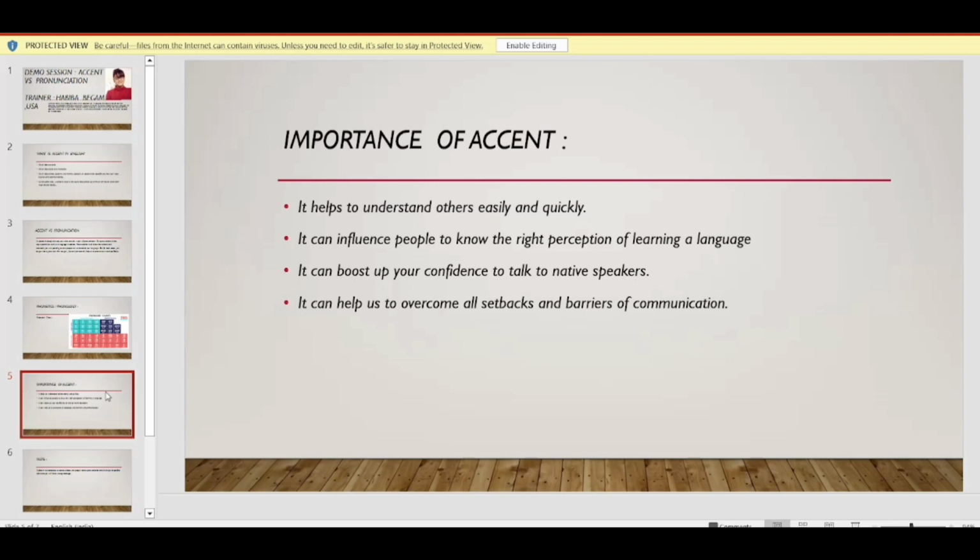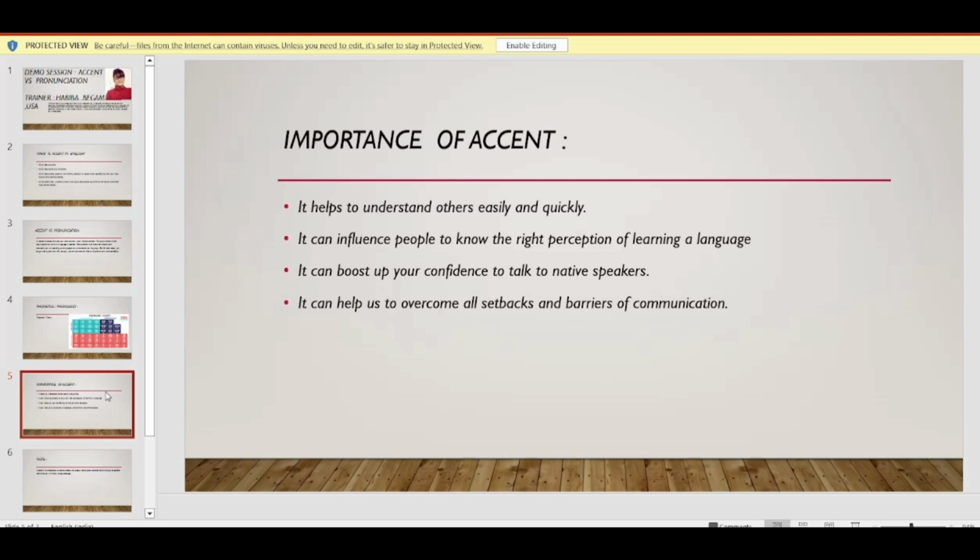Number one, it helps us to understand others easily and very quickly, right? For example, you are in America, or you are in the United Kingdom, right? Sometimes you will not be able to understand their English. Not because you don't know English, but because of their accent.